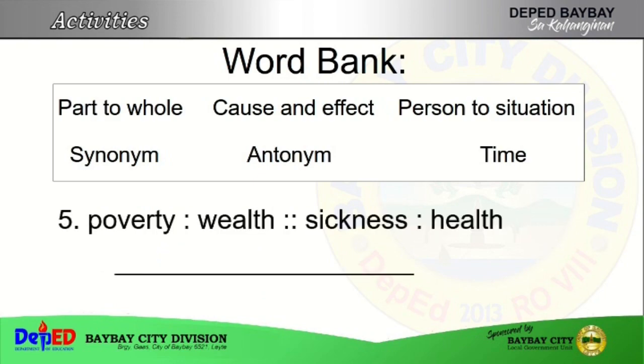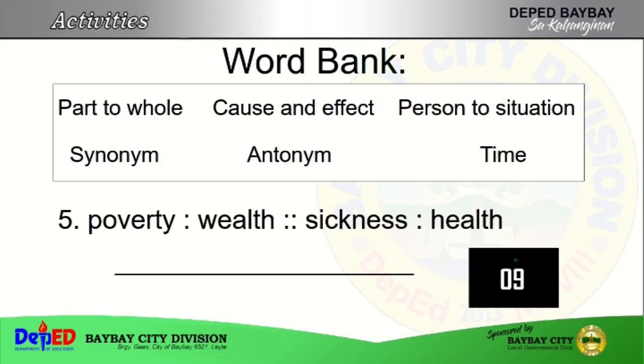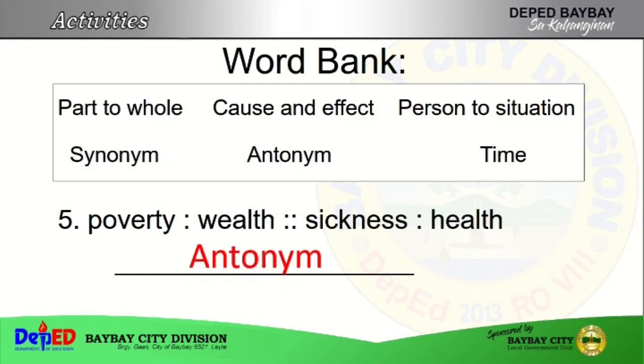Number 5. Poverty is to wealth as sickness is to health. What type of analogy is expressed in the words given? The correct answer is antonym.